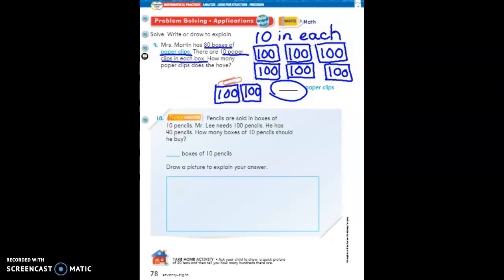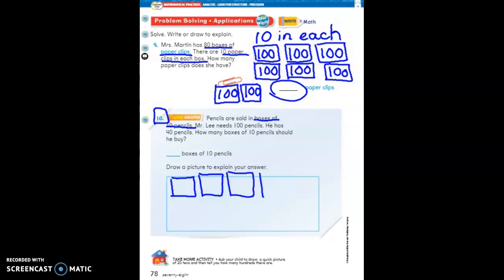All right. And then the last one we're going to do is thinking smarter. Pencils are sold in boxes of 10 pencils. Okay. So boxes of 10. Mr. Lee needs 100 pencils. He has 40 pencils. How many more boxes should he buy? Okay, he says 40 pencils, but we know that's 4 boxes.